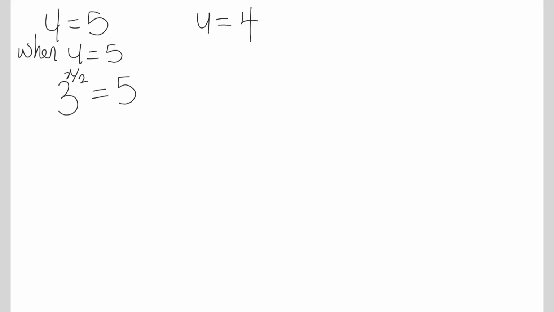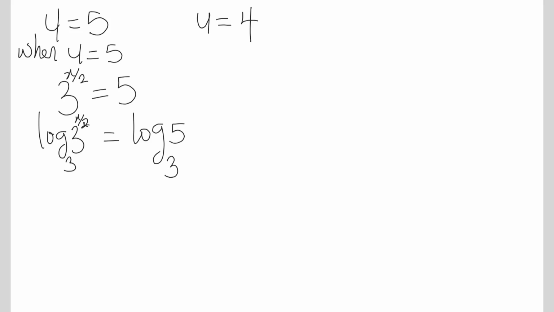So if I raise both to logarithm of base 3, I'll be having the logarithm of base 3 of 3 raised to the power of x over 2, equal to the logarithm of base 3 of 5.